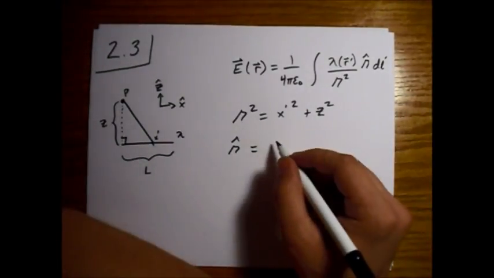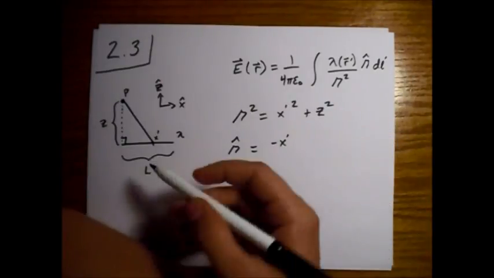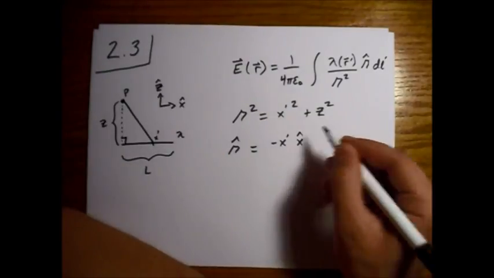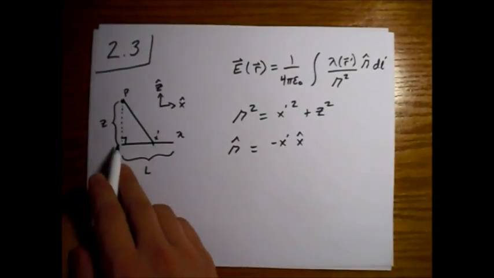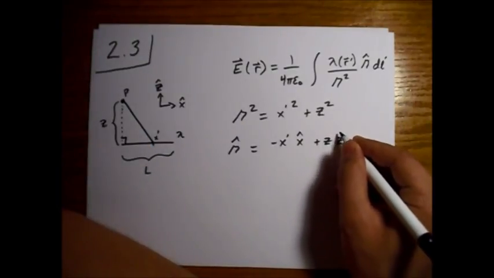So we have a minus x prime in the x hat direction, and we would go up z, so plus z in the z hat direction.